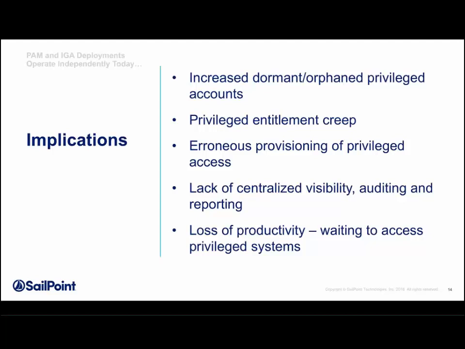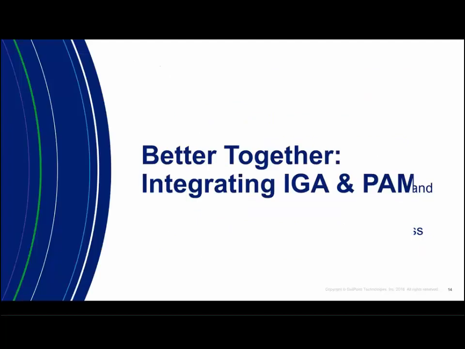We could be doing it via a very manually administrative approach, which we often see in a lot of the separate implementations. And of course, we lack the centralized visibility and auditing and reporting, and we could also have a loss of productivity. Without the automated, rule-based provisioning of these privileged accounts, people might not get the tools they need to do their job as quickly as we'd like them to.